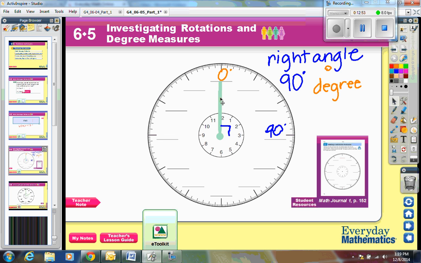Don't tell me 0, because 0 tells me we haven't moved it. But a full circle, each mark is 1 degree. 1 degree times 360 gives you 360 degrees. So our 0 marking is also 0 if you haven't started. 360 is the move all the way around.